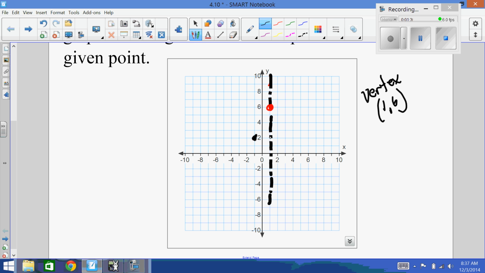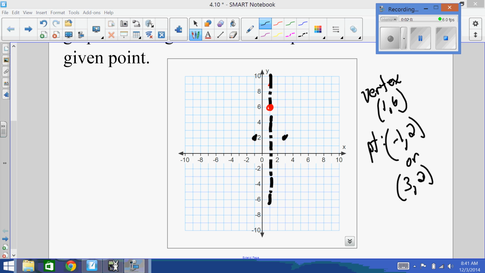It'll be (3, 2). So there's my points. All right, so we're going through the point (-1, 2), or we can use the point (3, 2). All right, so here's your graph.